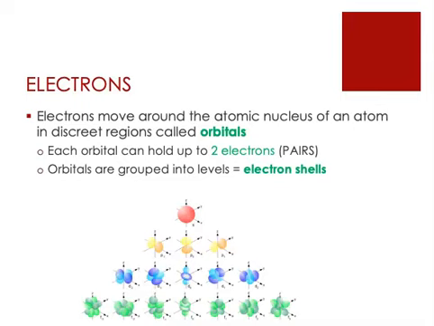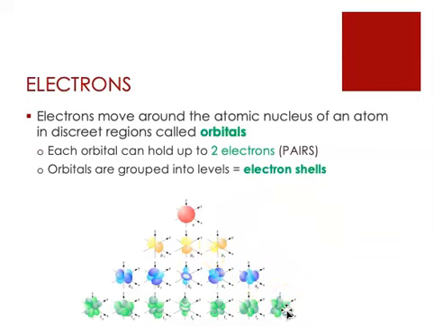Now, there are many different orbitals around an atomic nucleus, and we group these orbitals into what are called electron shells. So take a look at the diagram below. There's nothing here for you to memorize. There's nothing in this diagram that I'm going to ask you about on an exam. I just want you to see that this drawing is a representation of electron shells.